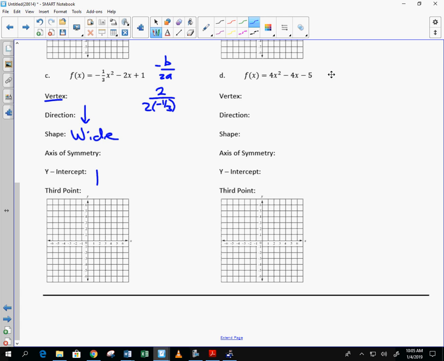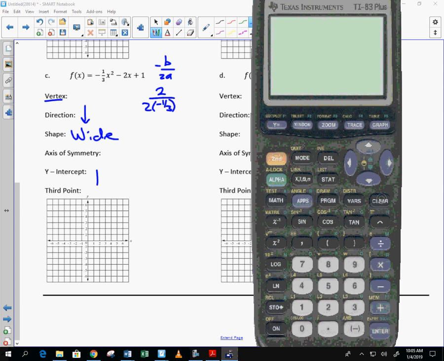Now, I believe that 50% of people would get that wrong if we did that on the test. So if you don't have a calculator, maybe grab one from that back table there or share one with an individual sitting around you. But I want to make sure that we get this correct. I'm going to take 2 and divide it by 2 times -1/3. And you've got to be careful how you do this. 2 divided by, see how I have more than one thing in the bottom? So you have to put parentheses around that. 2 times -1/3.